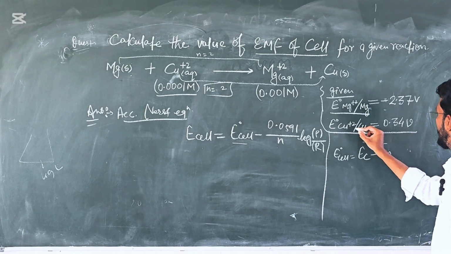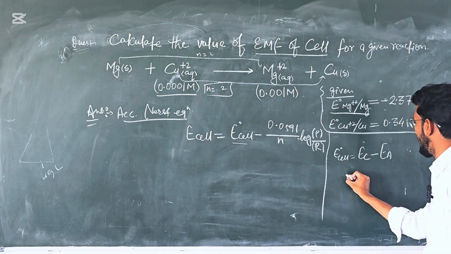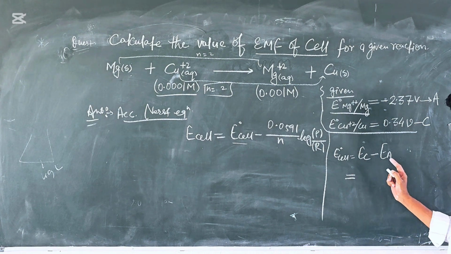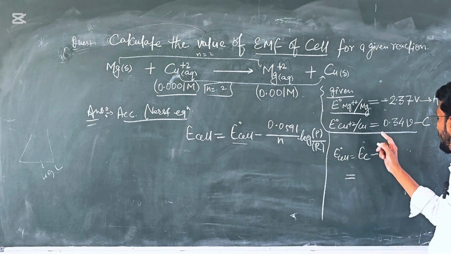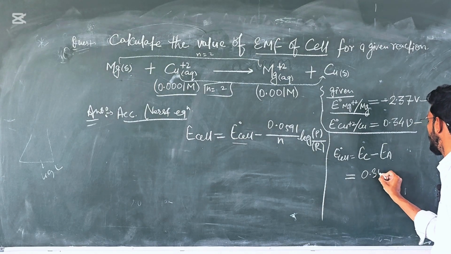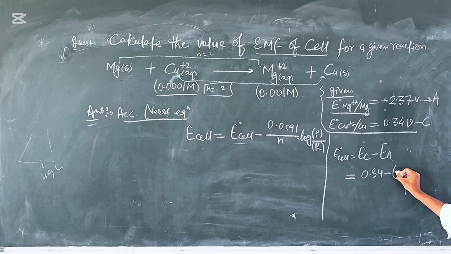So copper will act as cathode and magnesium will act as anode. Simply by subtracting the anode potential from the cathode potential, we get the value of E naught cell. That is 0.34 minus, and the value for magnesium is minus 2.37.